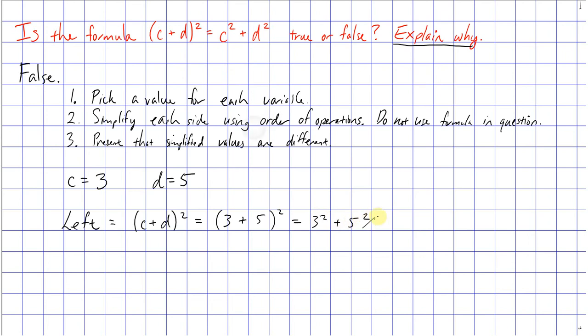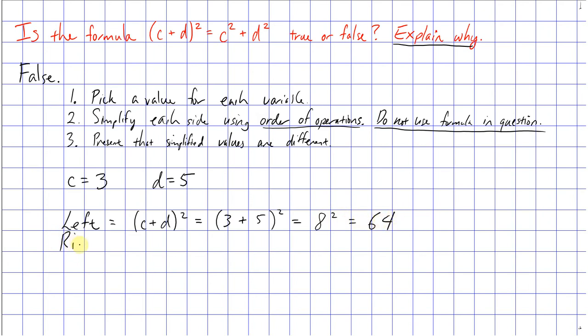And this is the very thing that I should not be doing at all. So do not use the formula in question. Instead, you should simplify using the order of operations. Here, the 3 plus 5 is in parentheses, so I'll get 8 for that, and I'll have 8 squared, which simplifies to 64.